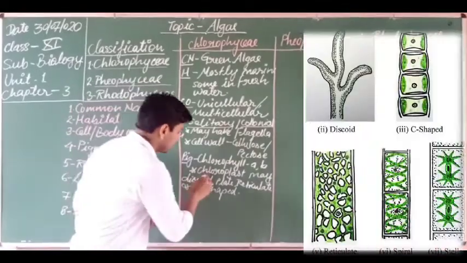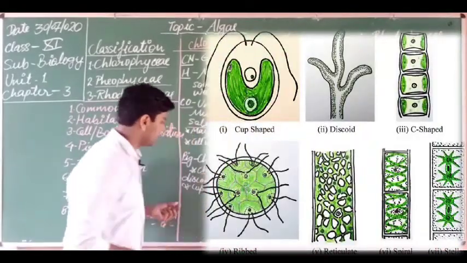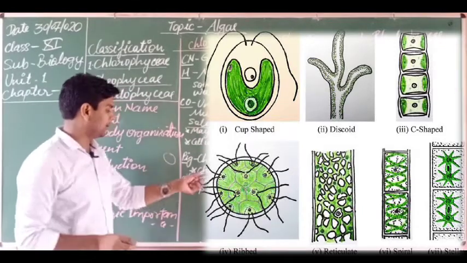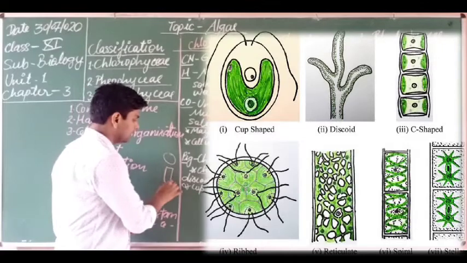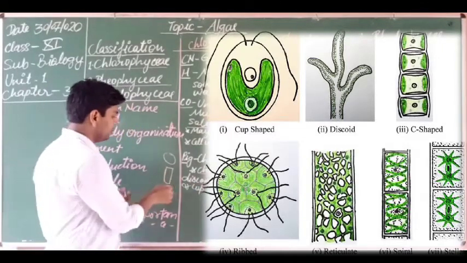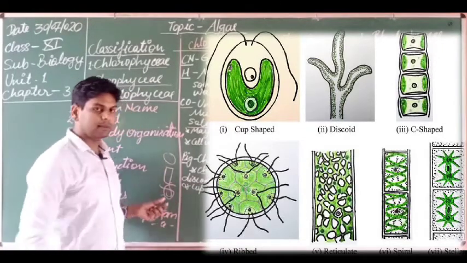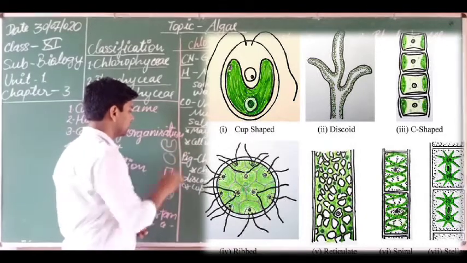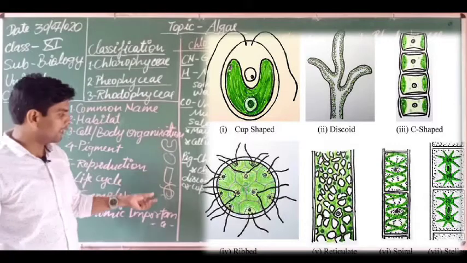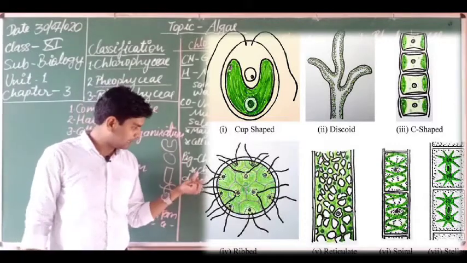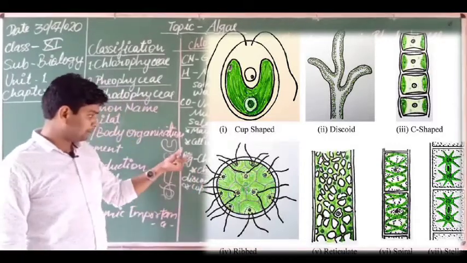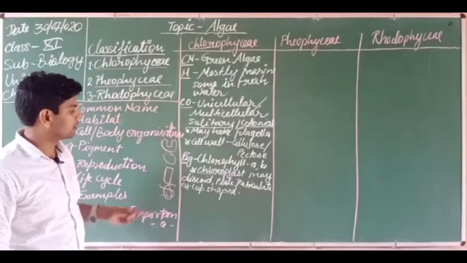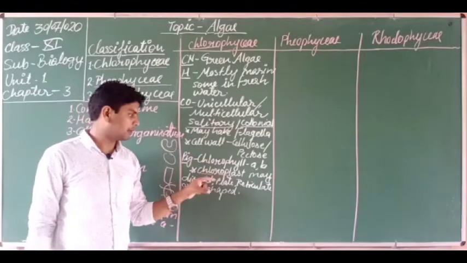The chloroplast may be discoid, disc shape, just like it. Plate shaped, just like this one. And reticulate means a network of chloroplast, or cup shaped, just like it. So this is the cup shape. So different types of shapes are found in this category of alga, Chlorophyceae. So different shapes of chloroplast are found.